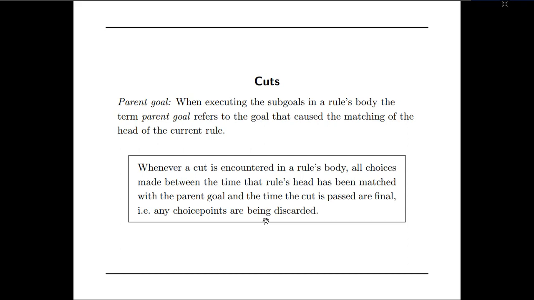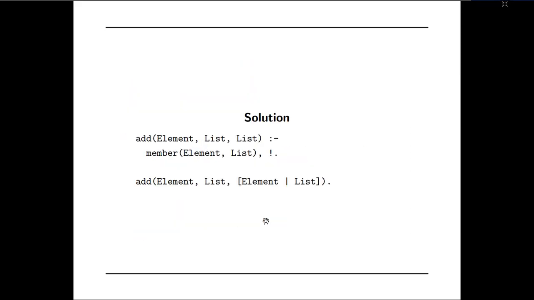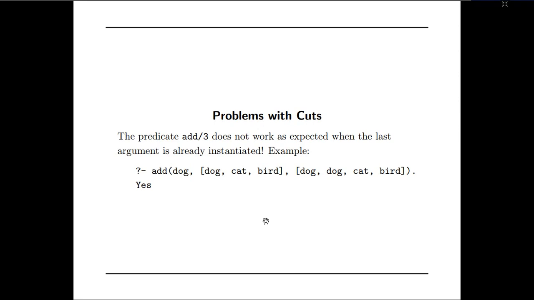These cuts will work fine if there exist duplicate elements at the beginning of the list. But if the duplicate elements are available at the end of the list, then the cut will not give you a better result. This is the disadvantage of the cut. So the problem with the cut is the predicate add by 3 does not work as expected when the last argument is already instantiated.